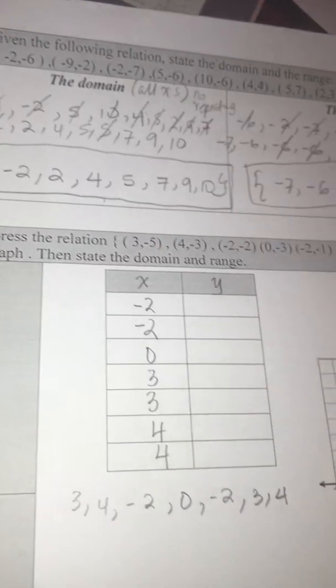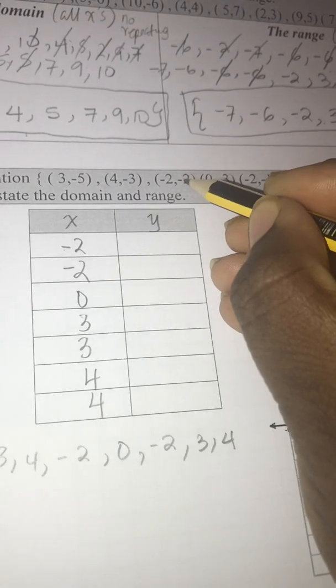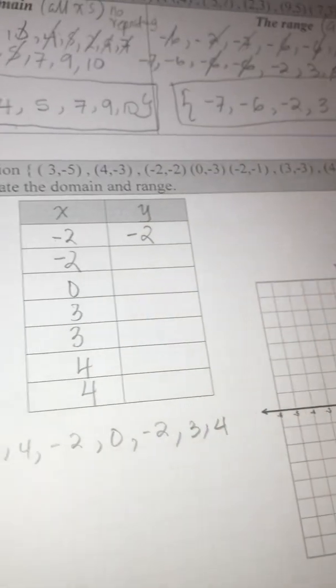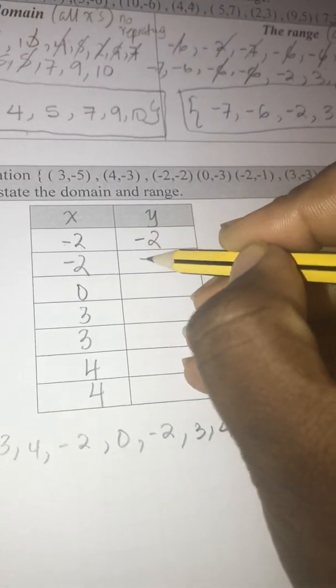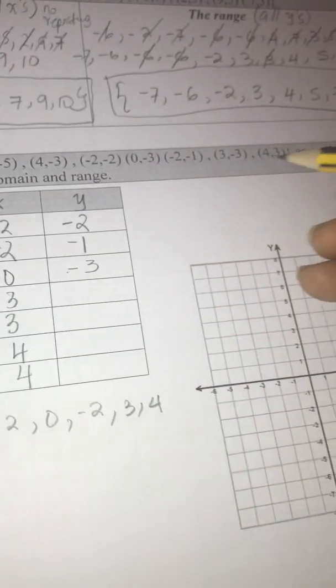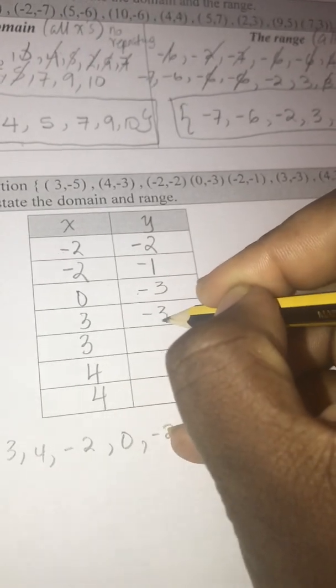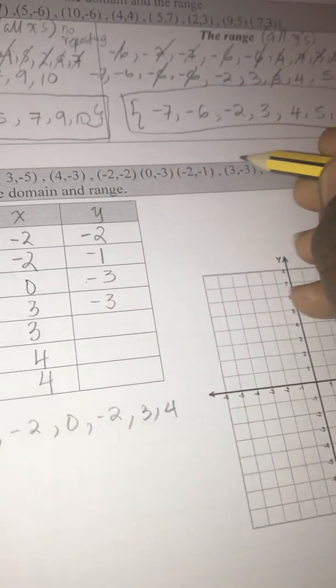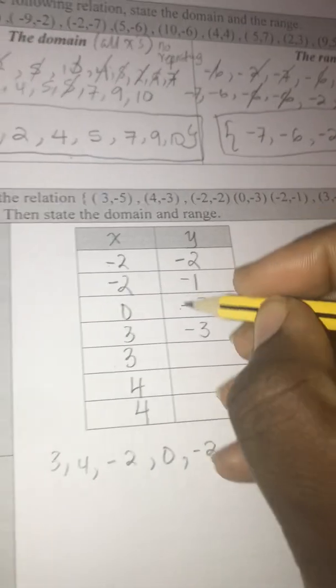Your table. So your first -2 is with -2. Your second -2 is with -1. 0 is with -3. 3 is with -3. The other 3 is with -5.